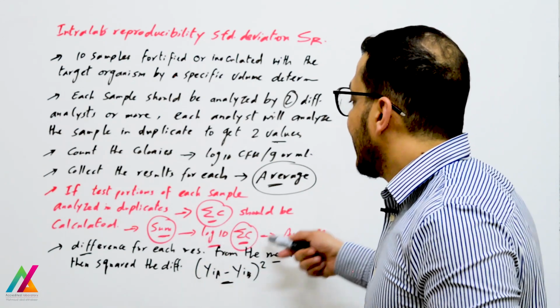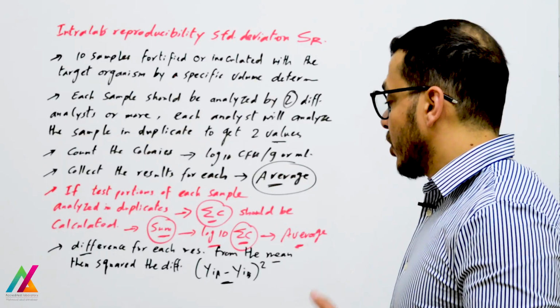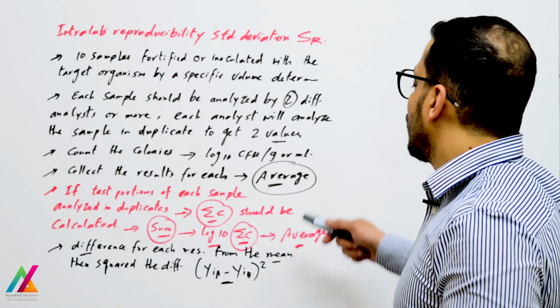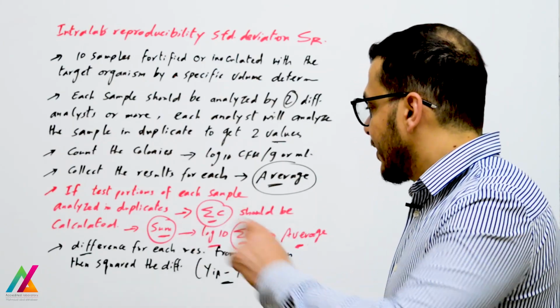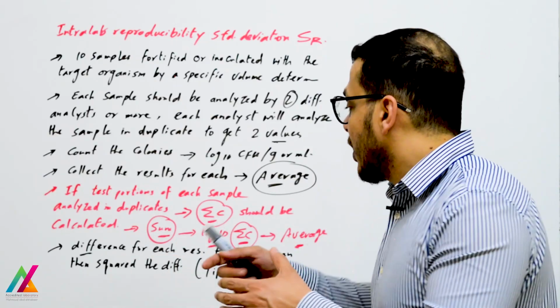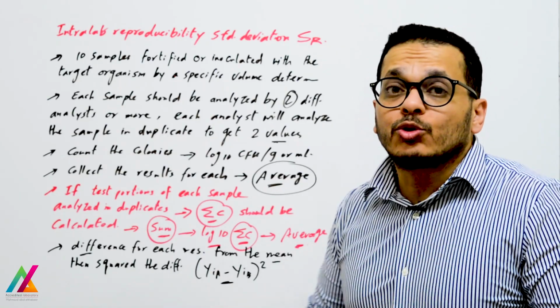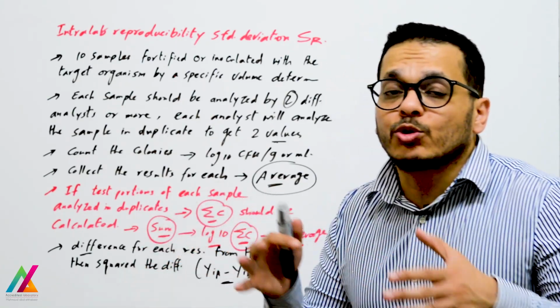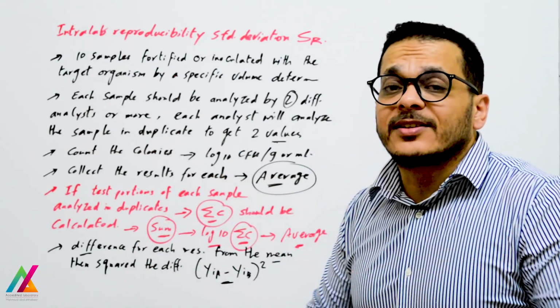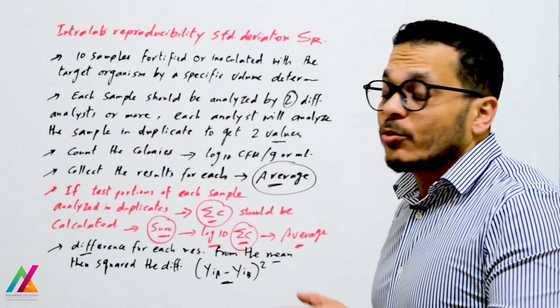Then you will take the log 10 for this total number of colonies counted, then the average between both test portions, and then you will calculate the difference for each result from the average, which is related to the effect of matrix and also distribution, matrix uncertainty and distributional uncertainty, the difference for each result from the mean.